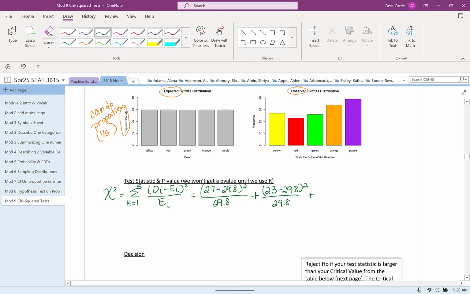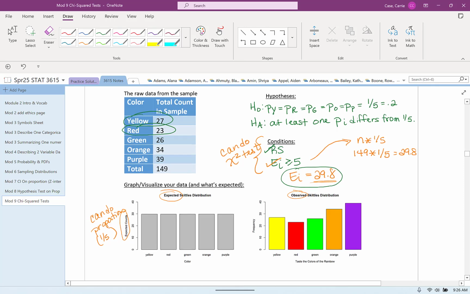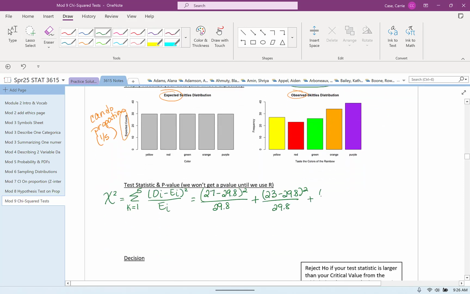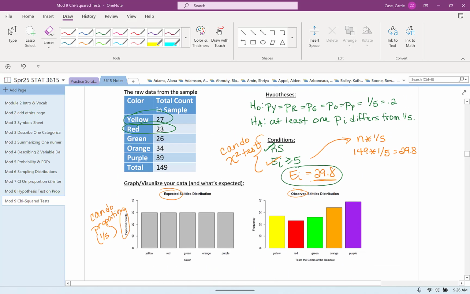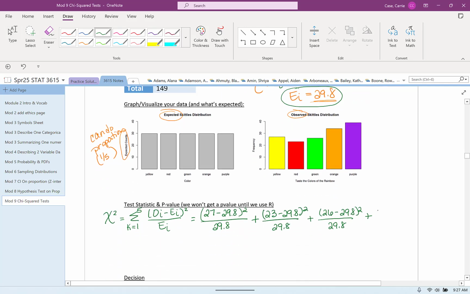And then we do this again for the next color, which is green. That was 26. So the observed is 26 minus expected, 29.8 squared over 29.8, plus the next color is orange. So that's 34 minus 29.8 squared over 29.8. And I got to keep going.